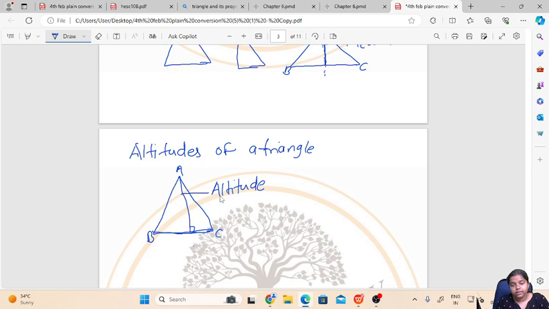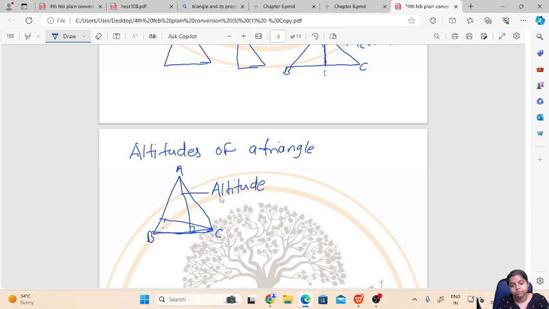Now from vertex C we can also draw one altitude to the opposite side, that is AB. So from this we'll draw it here.